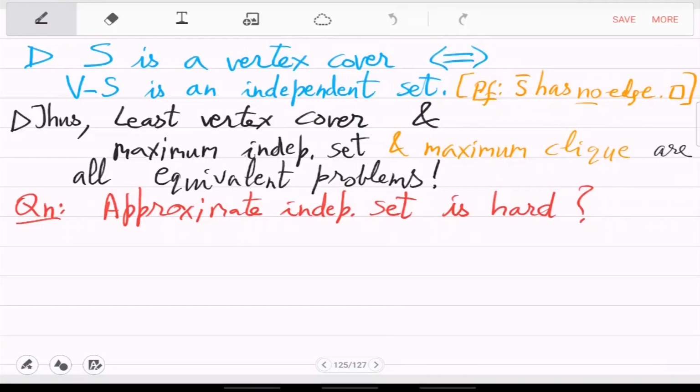So these three related problems we had studied. Now we'll move to a related problem and then show some quantitative relations between stability number and that.